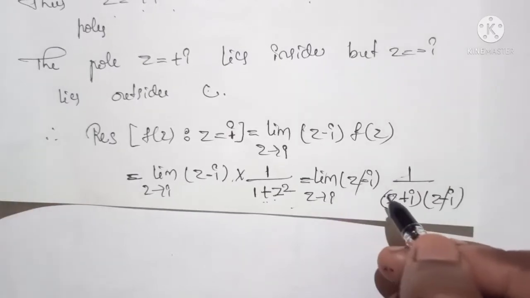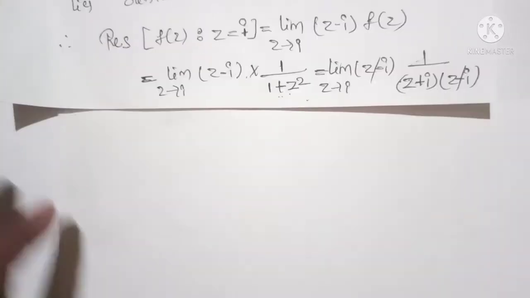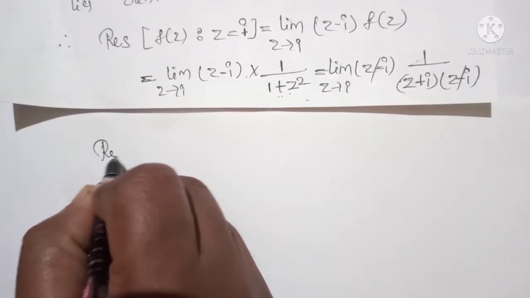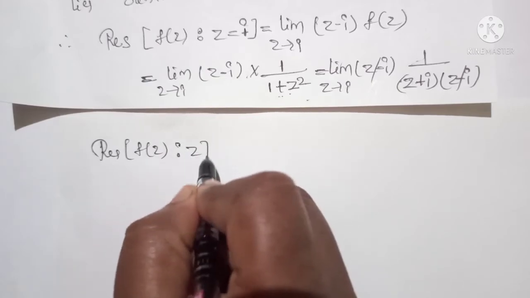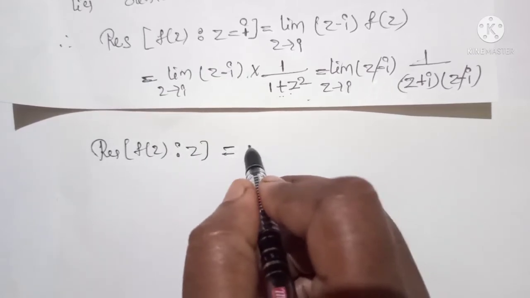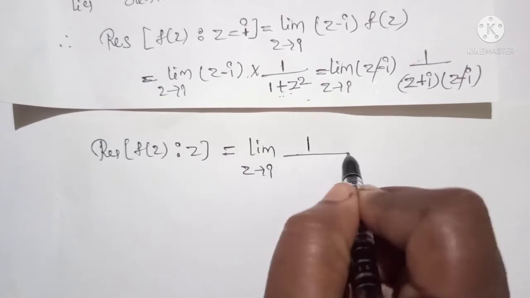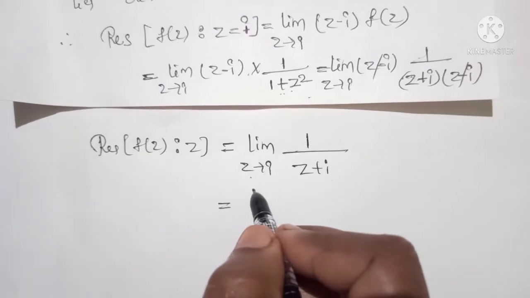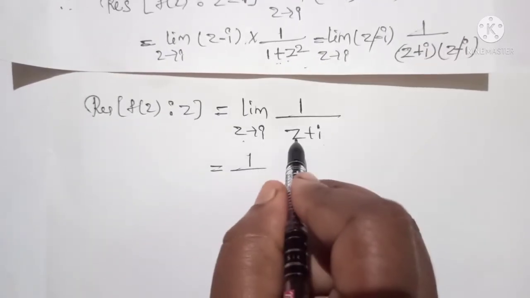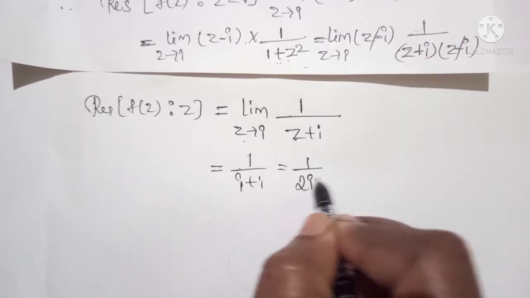The z minus i cancels, so we get the residue as the limit as z tends to i of 1 divided by z plus i. Substituting z equals i, we get 1 divided by i plus i, which equals 1 divided by 2i.